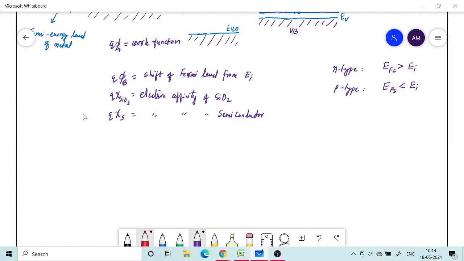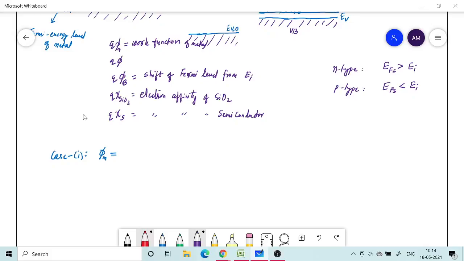So let me just take the simplest case. This is going to be case 1, which is a very simple case. And what is a simple case? What I am saying is phi m is equal to phi s. Here this is the work function of metal.